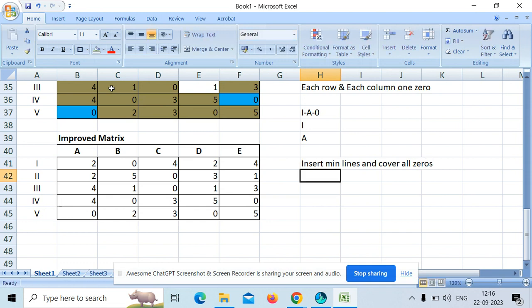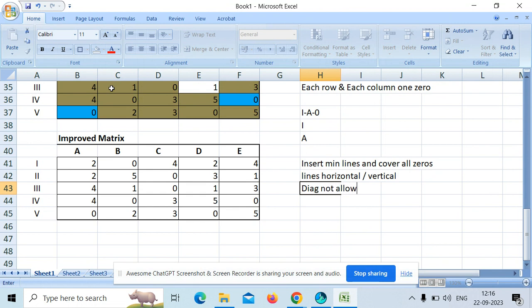There's one more rule here: lines should be horizontal or vertical. Diagonal lines are not allowed.